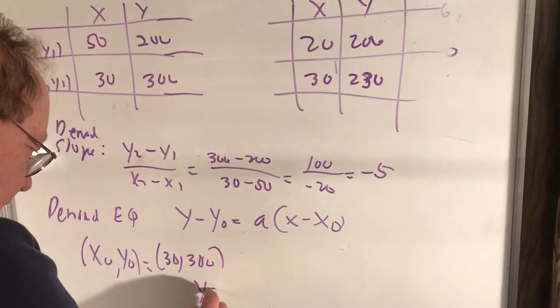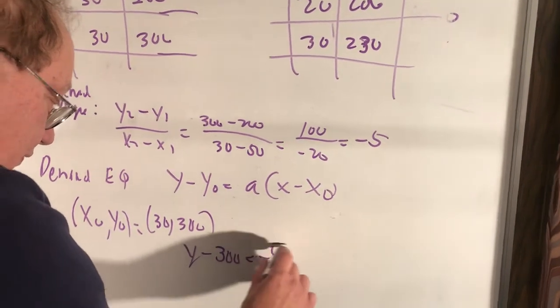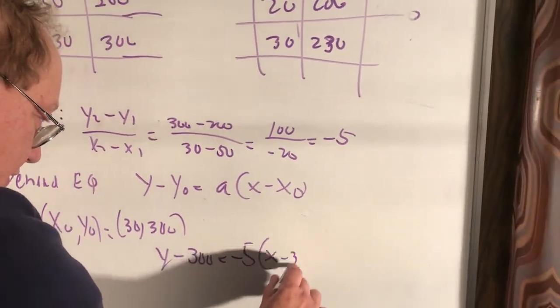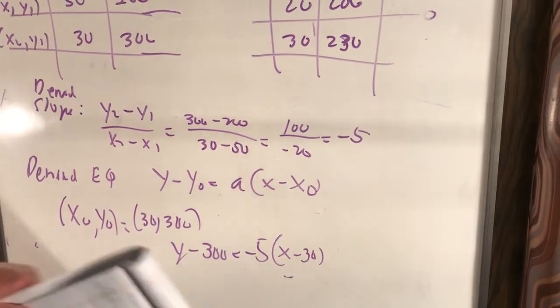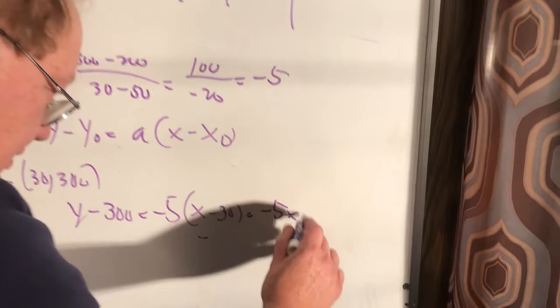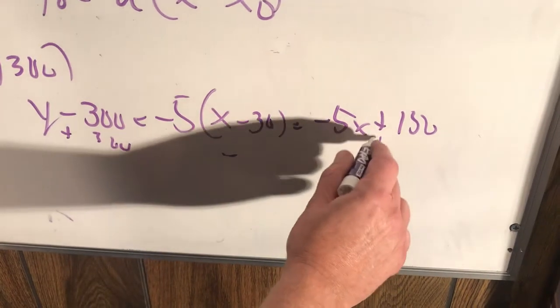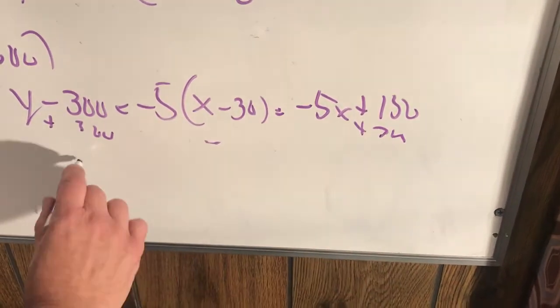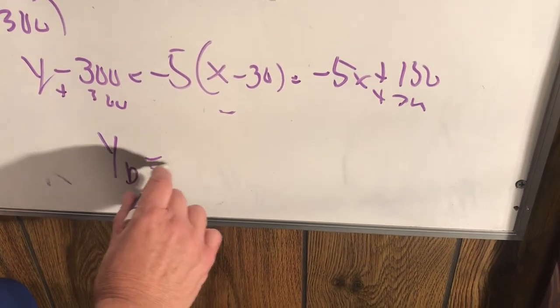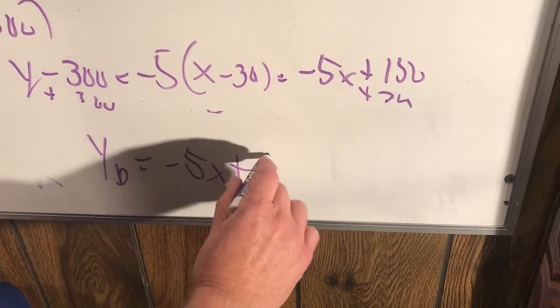So this is y minus 300 is minus 5 times x minus 30. So this is going to be minus 5x plus 150. Add 300 to both sides. So your demand function equals minus 5x plus 450.